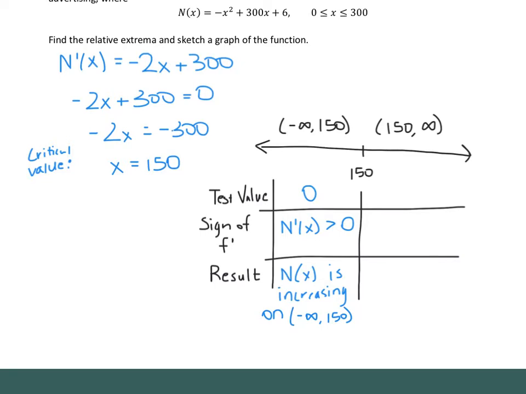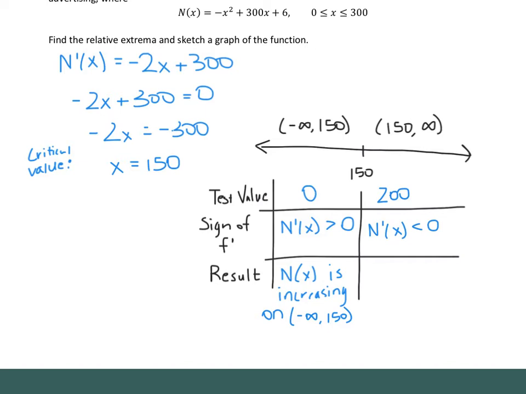When the derivative is positive, the tangent lines to the curve have positive slope, so the function n of x is increasing. Next, we pick a test point from the interval 150 to infinity. I'm going to choose 200. If we plug 200 into the first derivative, we have negative 2 times 200, which is negative 400, plus 300, so we get negative 100. So the derivative is negative: n prime of x is less than 0 on this interval.